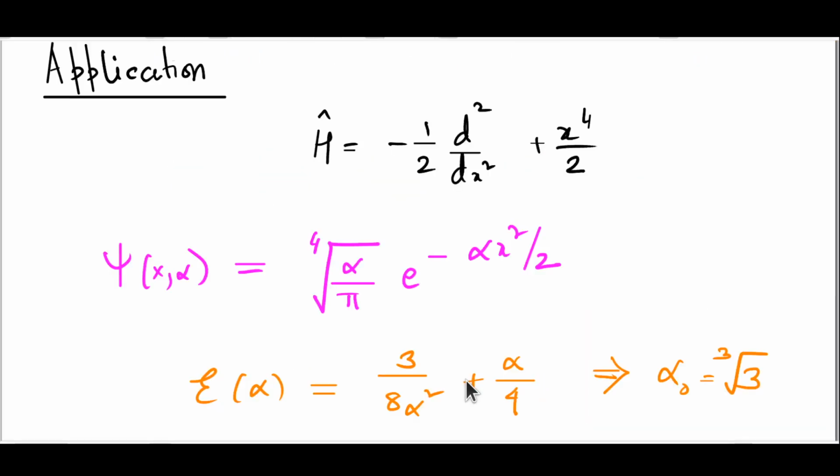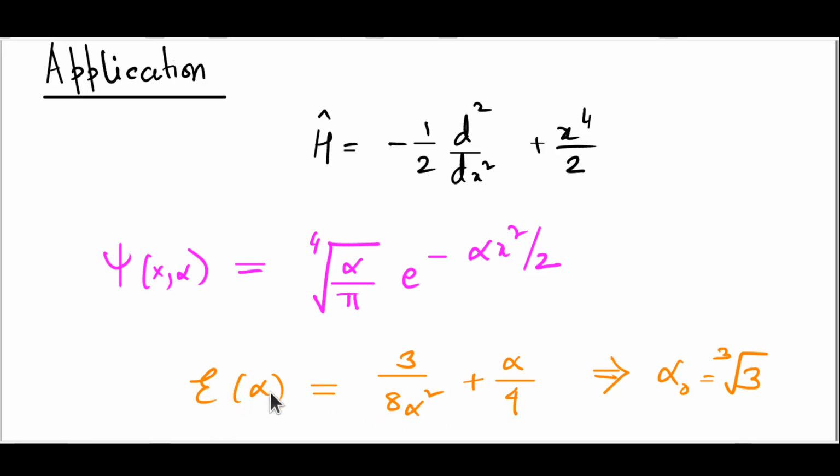We now apply Temple's method to our old friend, the quartic oscillator. Let me just remind you that we actually solved for the variational estimate for the ground state energy in the last lecture using a family of normalized Gaussian wave functions. The calculation ended up being rather straightforward.